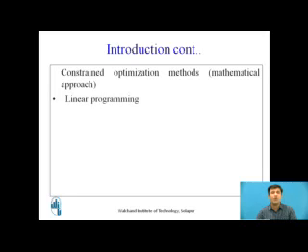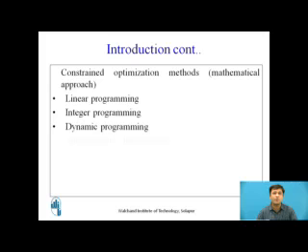As we have learned in operation research techniques, the first is linear programming. Again there is integer programming, the third one is dynamic programming, and the final is multi-objective programming. So these are different methods under which we are considering projects.